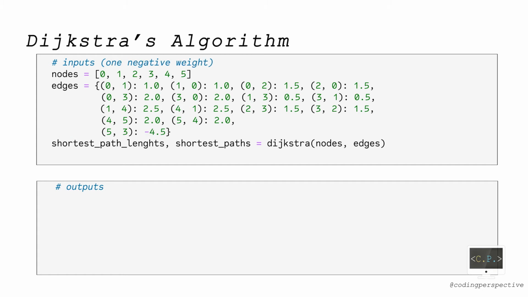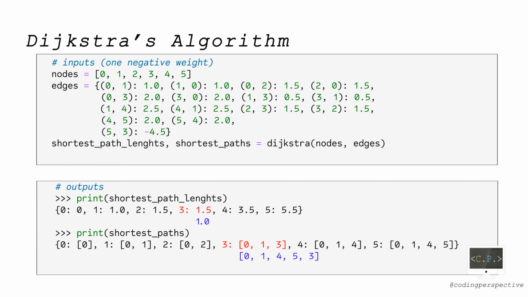We expect that the shortest path will be 0, 1, 4, 5 and 3 with length of 1. However, it's still 0, 1, 3 with length of 1.5. So, Dijkstra's algorithm fails when there is a negative weight edge, because the principle of optimality, which I explained in the previous video, does not work anymore. For such cases, we need to use another algorithm.